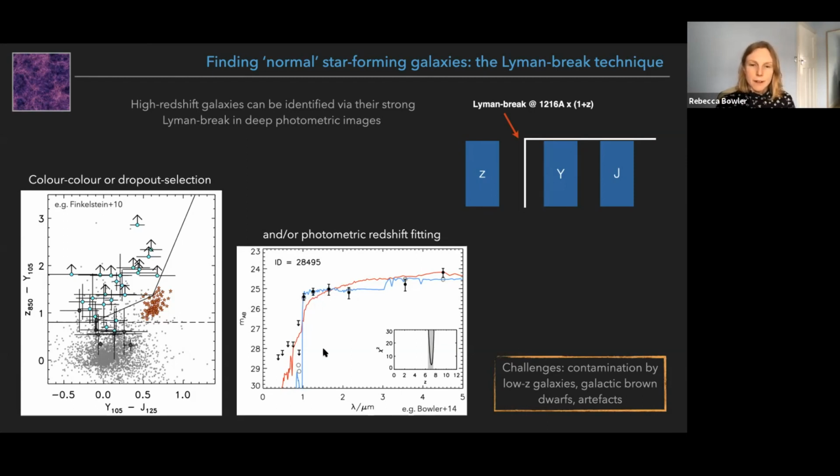So this kind of on the surface simple method is complicated by the fact that the high redshift galaxies we're interested in are typically some of the faintest objects within the imaging data we're looking at. And the other complicating factor is that there are other lower redshift, I would say less interesting objects that can mimic the colors of a high redshift galaxy. So this is the main issue that we face when trying to find such sources.